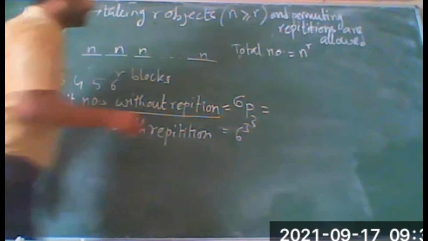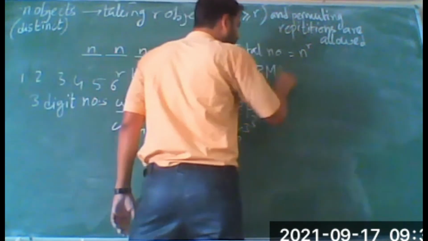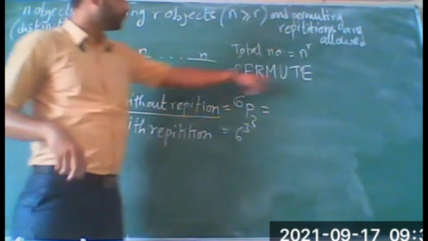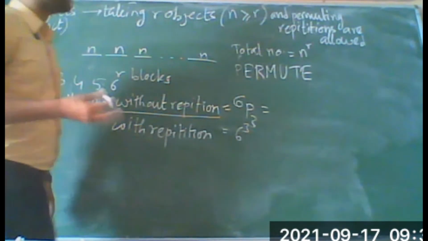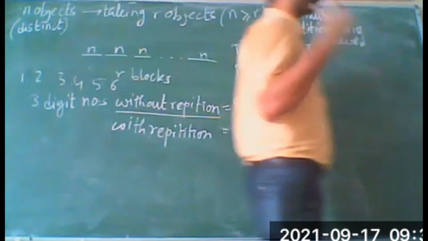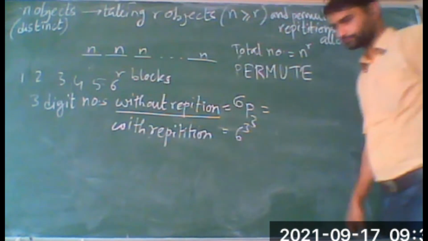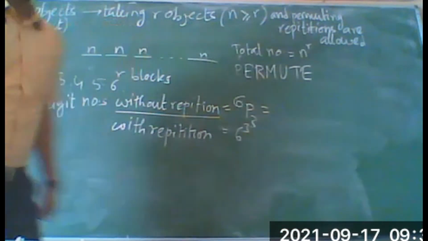Suppose I am permuting the letters of the word PERMUTE itself. See, two E's are there. Will there be anything different if the objects are repeated, or will the number be the same? That is the next question. So what do you think?